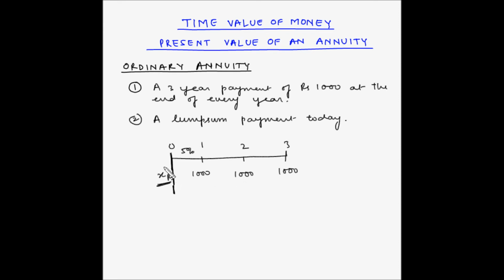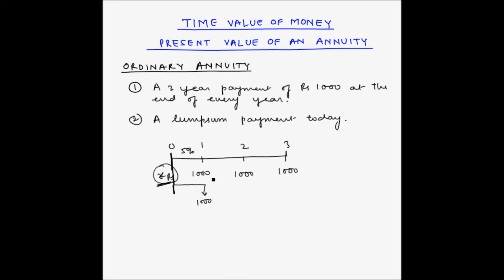So basically what that means is, what is this X amount such that at 5% interest rate, if you put this money, that is the X rupees, then you can withdraw 1000 rupees at the end of first year.